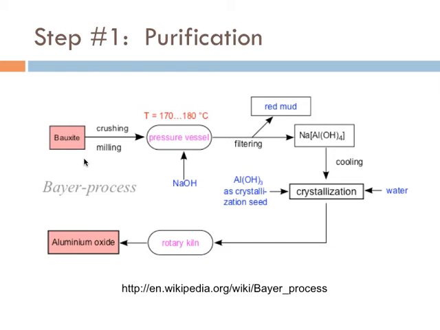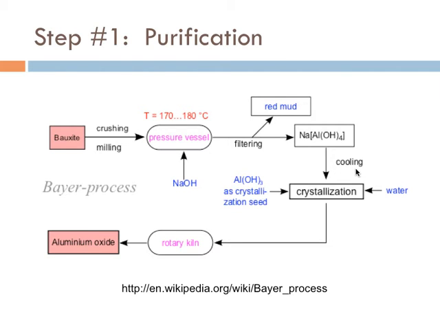Looking at it in a little closer detail, known as the Bayer process, you have your ore, you're going to crush it, mill it, put it in a pressurized vessel, heat it up, add the sodium hydroxide, and filter out the impurities as solids. This is that salt, this is that aluminum hydroxide ion mentioned before.